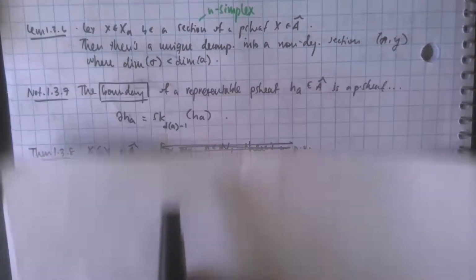Then there's a unique decomposition into a non-degenerate section. So any section can be distilled into some non-degenerate thing of lower dimension, right? So often we'll just reduce ourselves to thinking of non-degenerate sections, because any simplex can be written as a non-degenerate one.